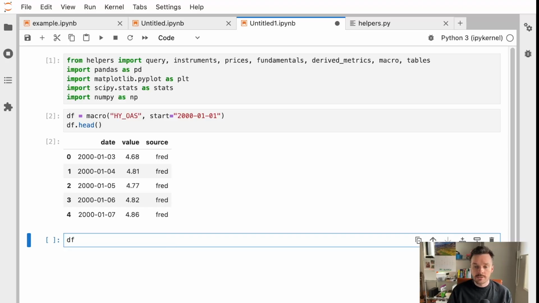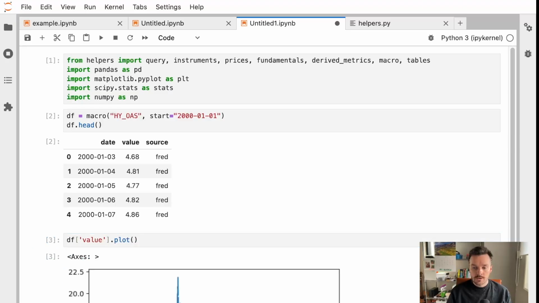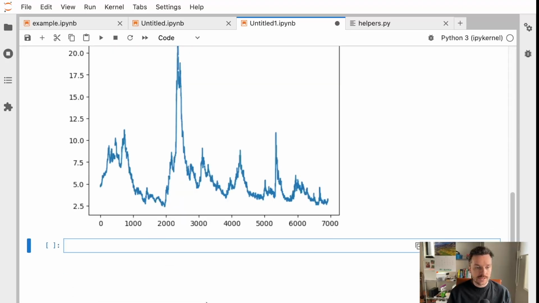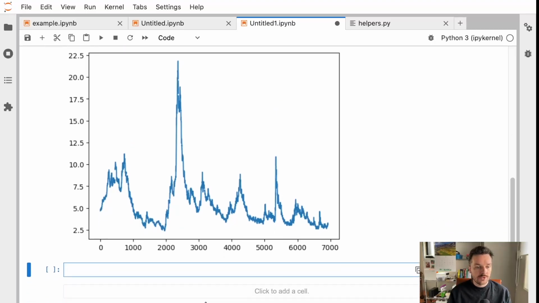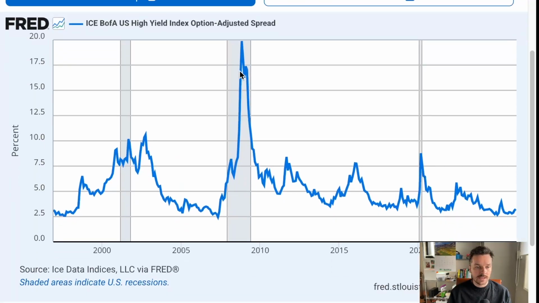So we can do a quick plot on this to recreate that one graph we just saw on the FRED database. We'll just look at the value and plot it. Okay, you can see that's pretty much the same as here.